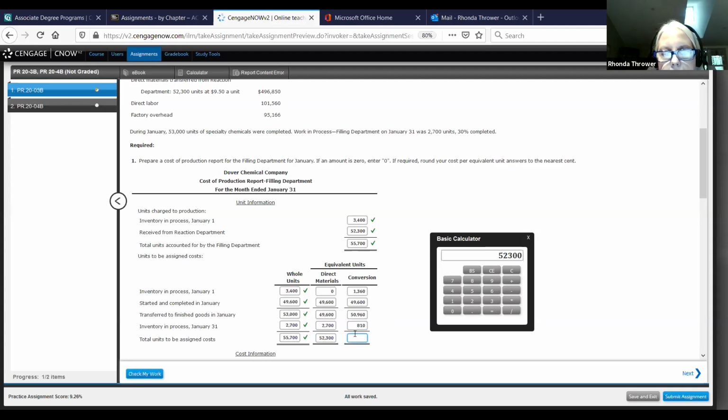The next thing I need to find is my total equivalent units for conversion. I'm going to add my transferred units plus my ending inventory units to get the total units to be assigned cost for conversion equivalent units.